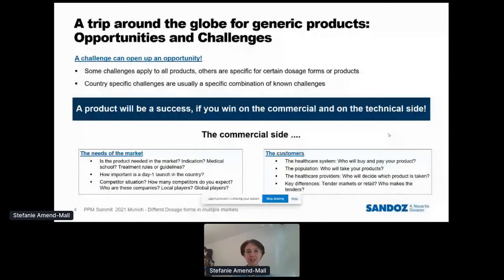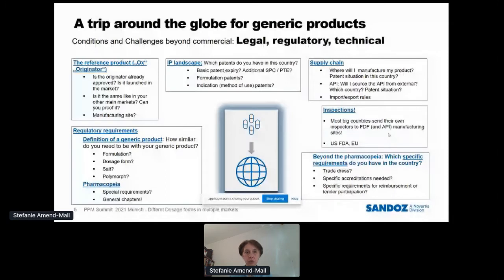But then, of course, and this is today my major topic, once you decided to develop a product and you want to go global with it, then you come into the situation of technical questions. And with technical, I mean the broad picture. So all the things you have to regard when you want to develop, manufacture, approve, and launch the product at the end. This means there are things which are, let's say, site conditions in every country.